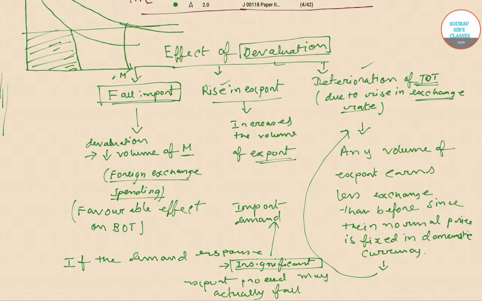Now we'll go further. If we assume that the economy is initially in a position of balance of trade, which is X equals M, the necessary and sufficient condition for devaluation to improve BOT, or for the foreign exchange market to be stable, is the Marshall-Lerner condition. So devaluation can only be effective when it holds the Marshall-Lerner condition.